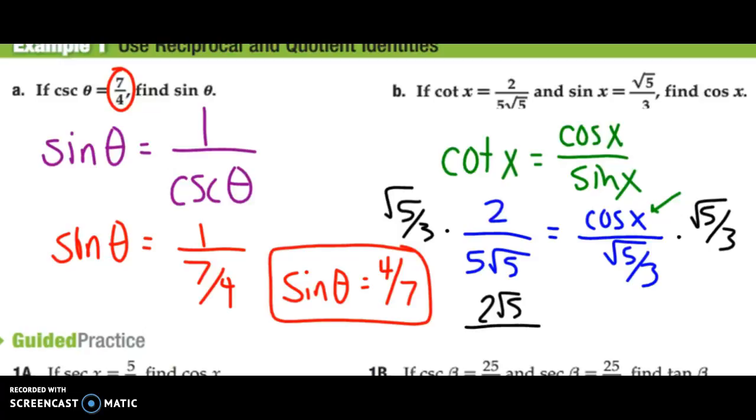And then on the bottom, 3 times 5 square roots of 5 would be 15 square roots of 5. Now you'll notice that both of them have a square root of 5 in them, so those two cancel out. And so cosine of x in this problem is just going to be 2/15.